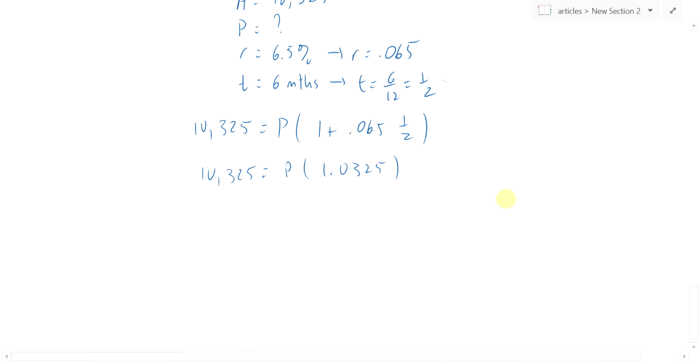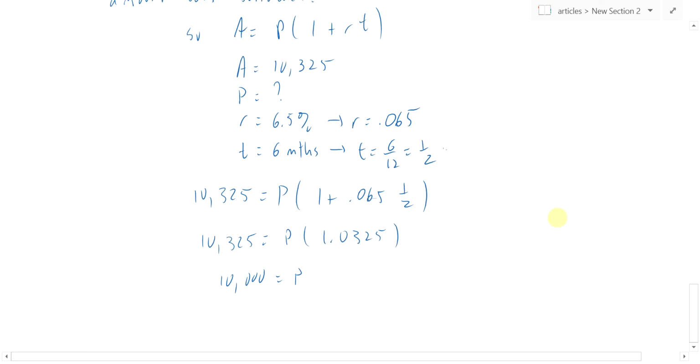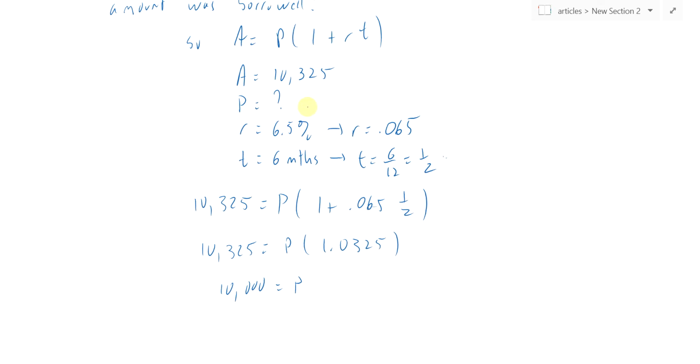And then you divide both sides by 1.0325, and you end up with 10,000 equals P. So what do we have here? 6.5% for 6 months. This is the amount that was paid back. So how much did you actually borrow? Well, $10,000. And that's 46.